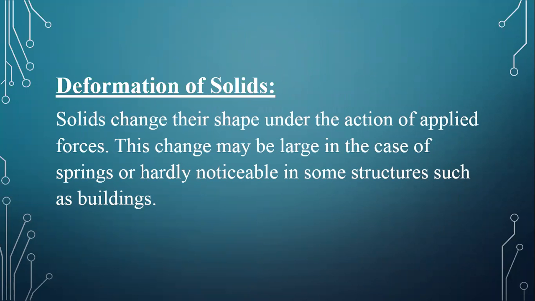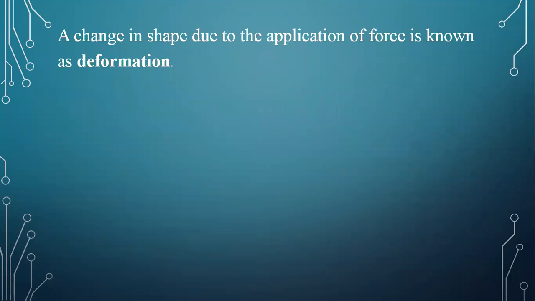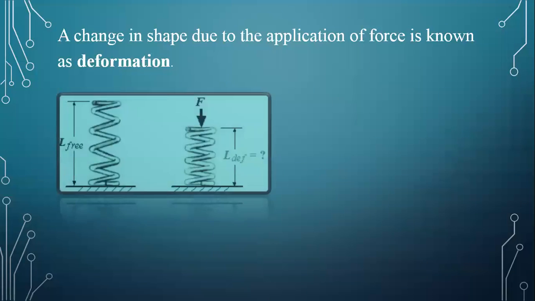So this change which occurs under the action of some applied force is called deformation of solids. A change in shape due to the application of force is known as deformation. For example, if we apply a force on a spring, initially there is a spring whose length is L in its equilibrium position.